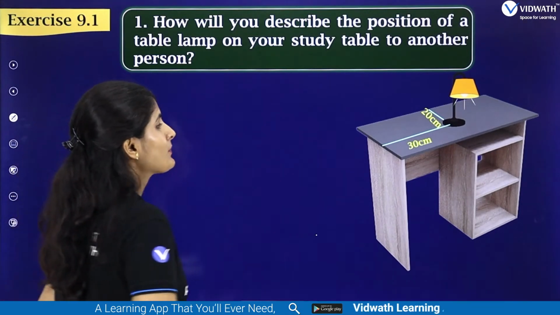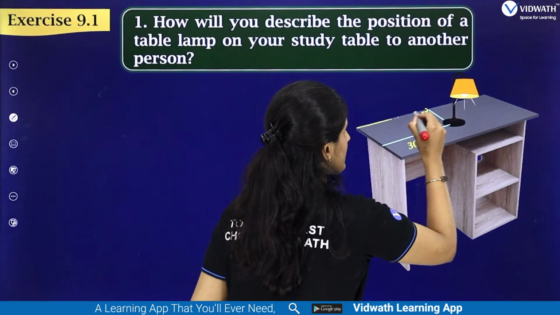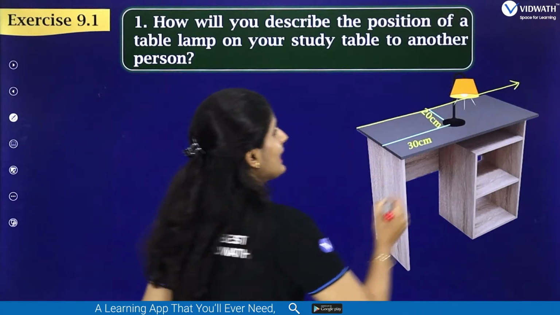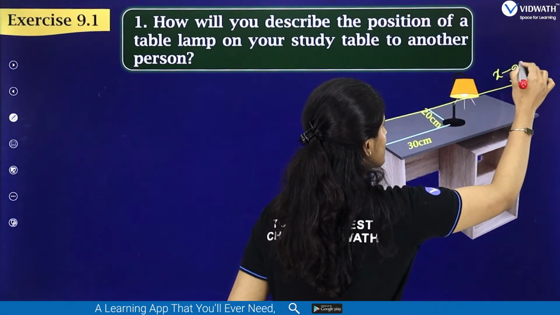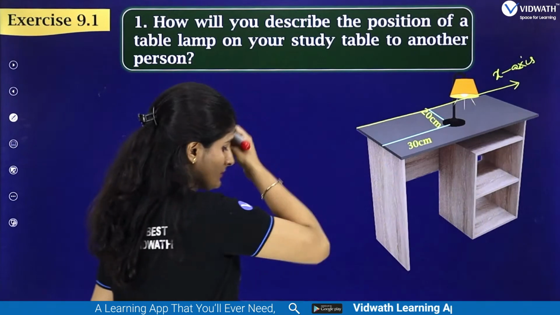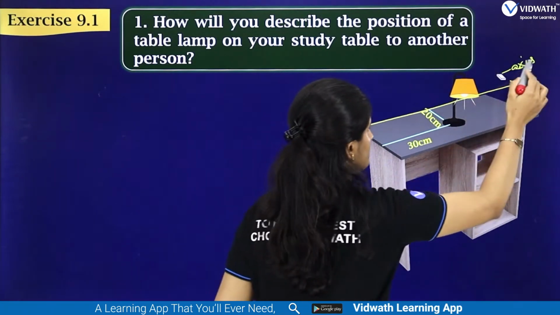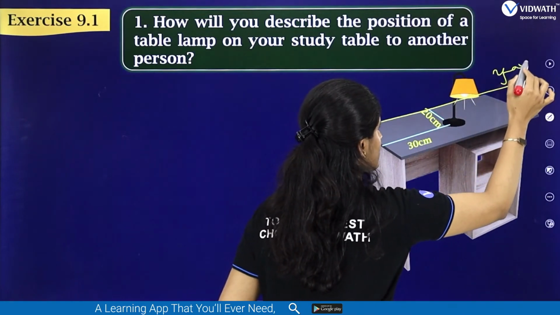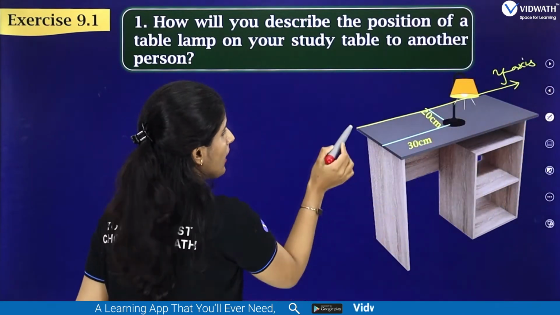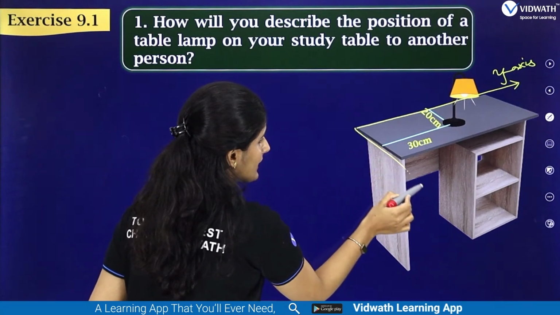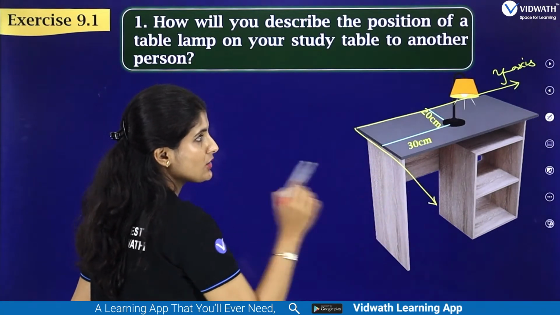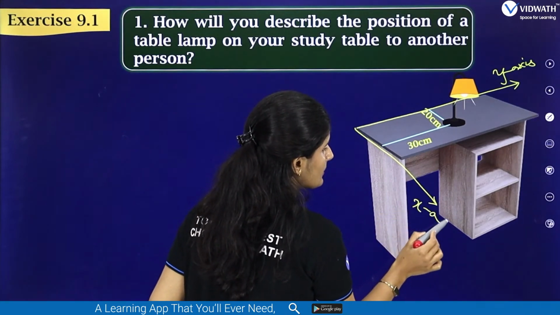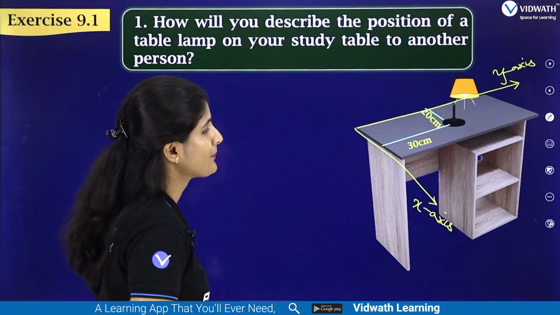Which are the two edges? On one of the edges, that is the length, we will consider one axis and let that be the x-axis. And on the other edge, that is on the breadth of the top of the table, we shall consider another axis, which is the y-axis.